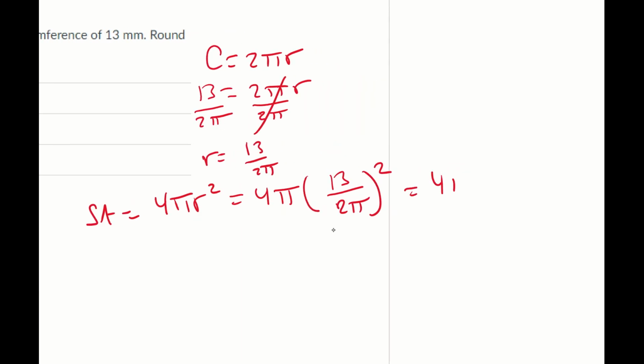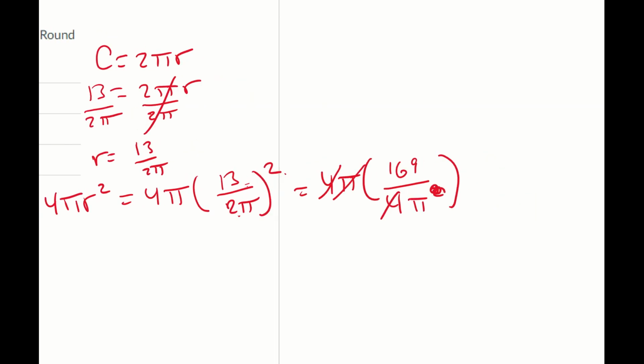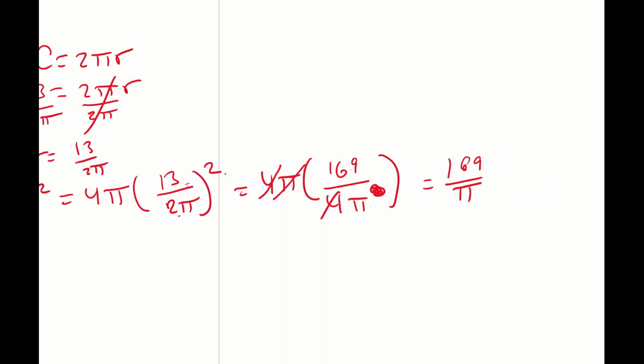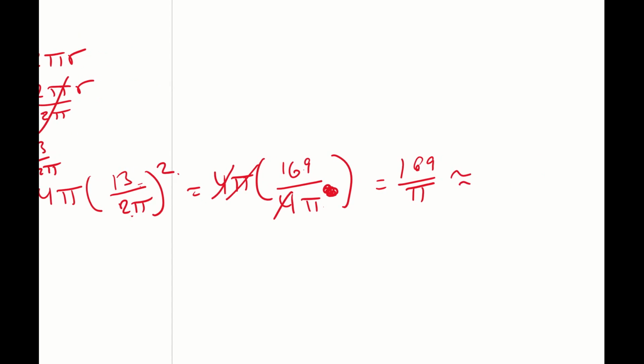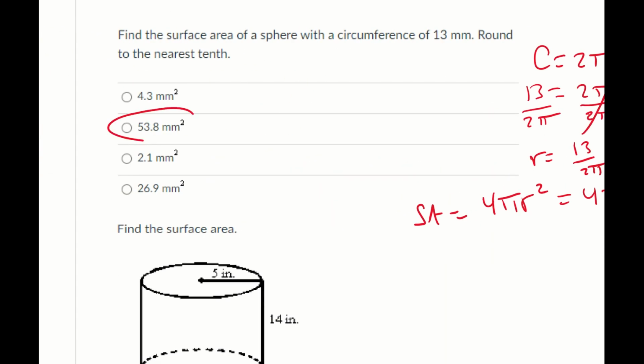So we get 4 pi times 13 squared, which is 169, over 2 squared is 4, and then pi squared is obviously just pi squared. So the 4's cancel. Notice that one of the pi's here cancels because there's 2 on the bottom, and you get 169 over pi. And that's your surface area. So let's go ahead and plug that in. And so the surface area is about 53.8 millimeters squared.